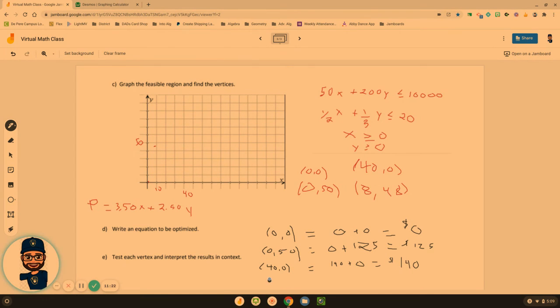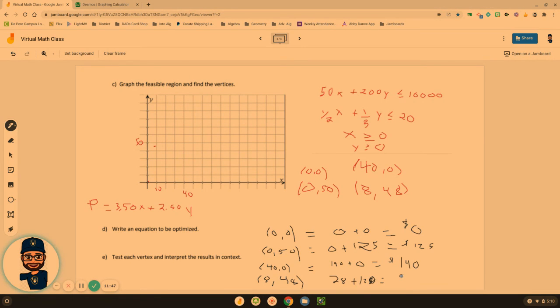And then our last one, 8, 48. 8 times 3.50 is $28, plus 48 times 2.50 is $120.